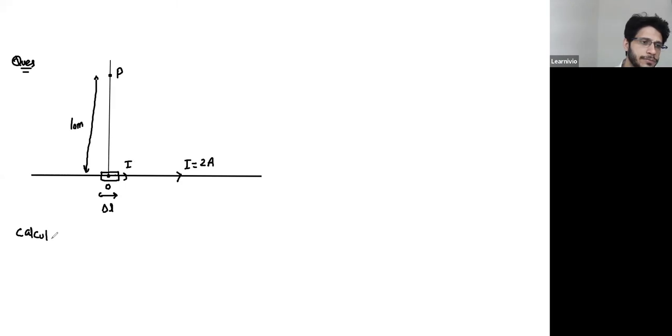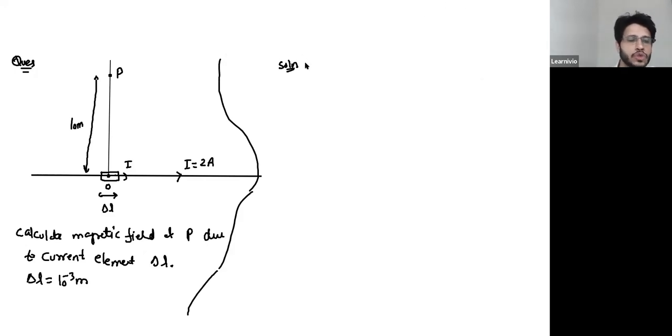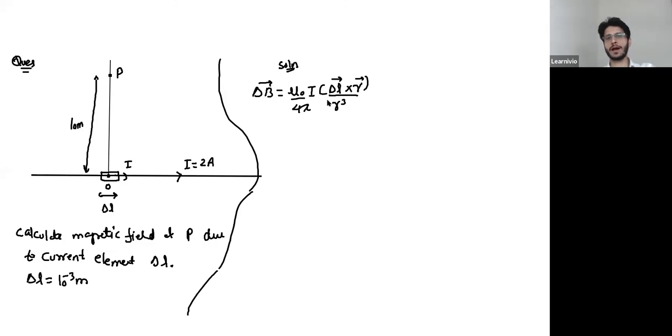So calculate the magnetic field. To solve it, I can use this expression: delta B is mu naught over 4 pi, I, delta L cross R over R cube.